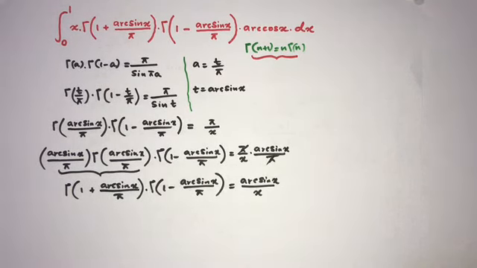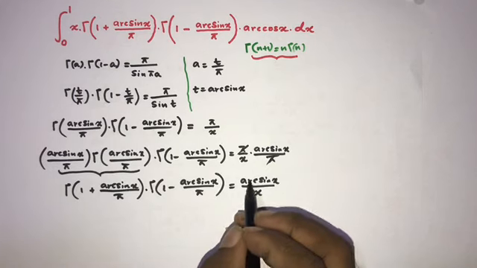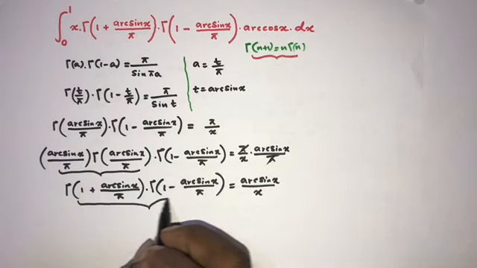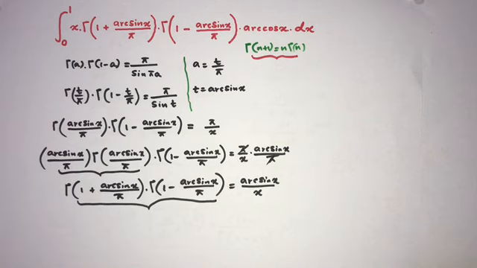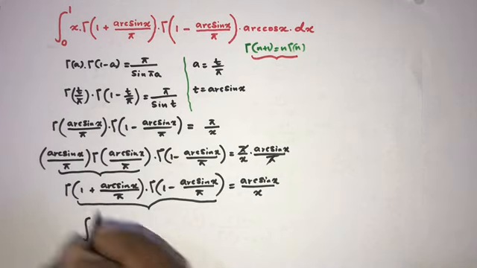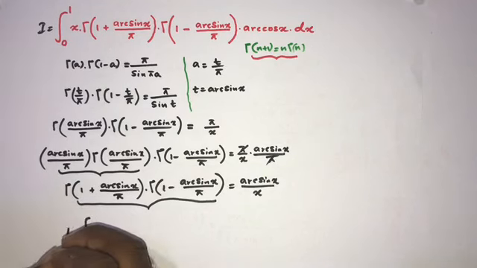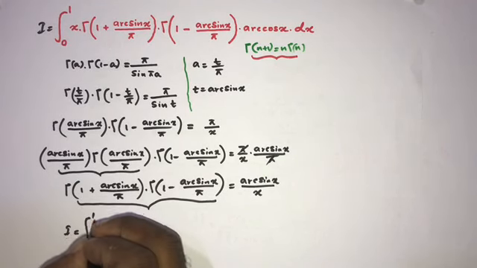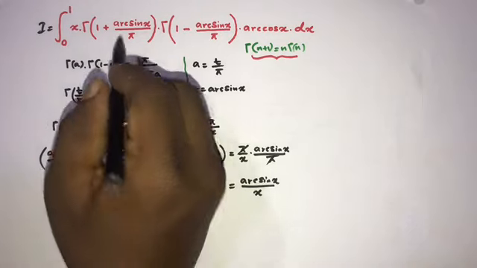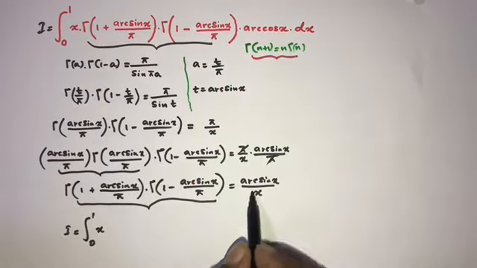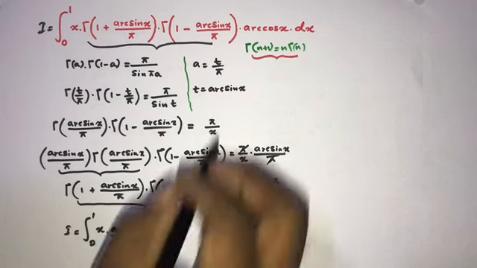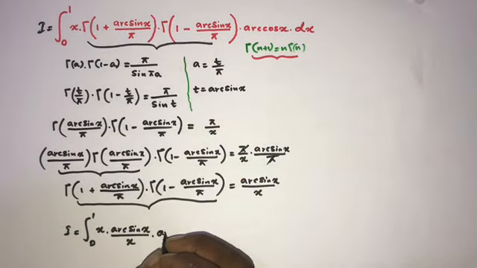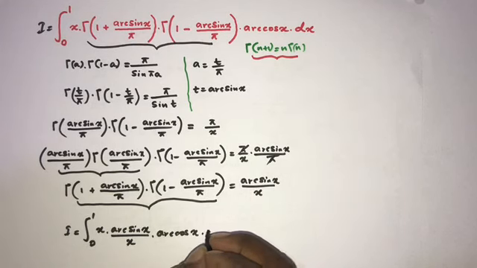Now we take another form for the gamma product. So now our integral, I will call it I, is equal to the integral from 0 to 1 of x, and instead of this part we can use arc sine of x over x, times arc cosine of x dx.